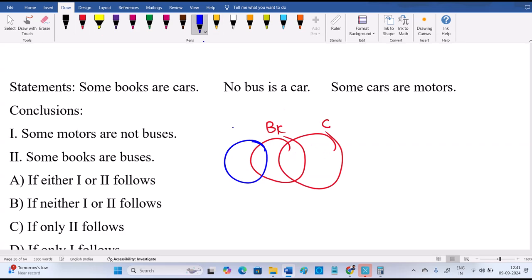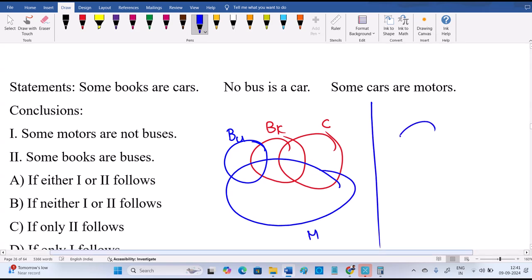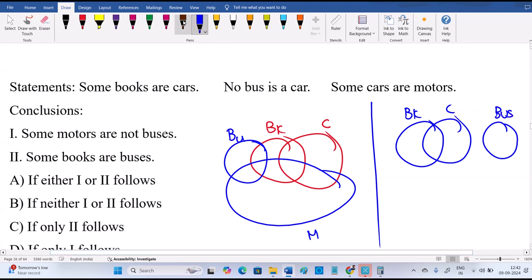It may connect to book. Some cars are motors. I can draw like this. This is one diagram. Or many people have in your mind: some books are cars, no bus is a car, some cars are motors. This is also okay.